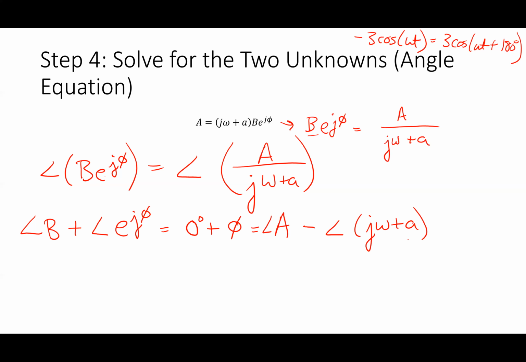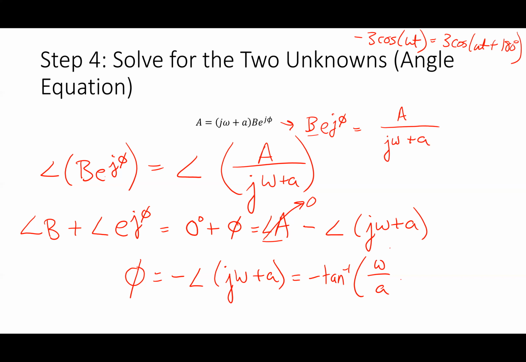What's the angle of A? This guy. 0. Yep, that guy's 0. So I get that phi is equal to the negative angle of j omega plus a, which is what? Negative tan inverse of omega over a, like that.